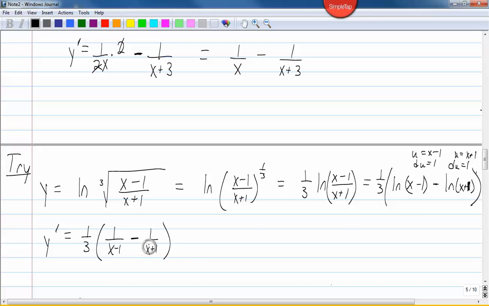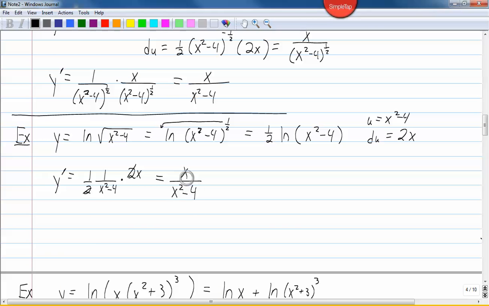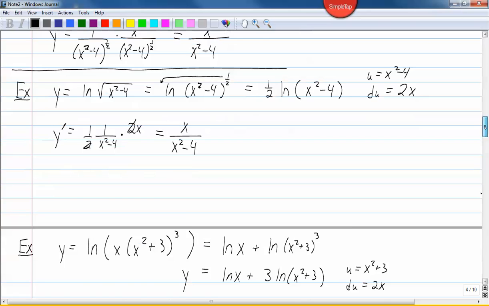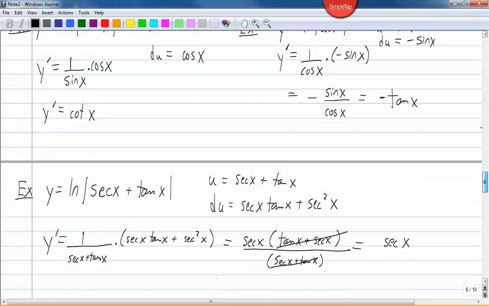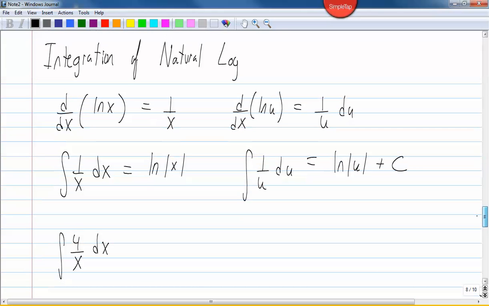Fractions. So when you see a rational expression or a fraction or a quotient, the first thing that you want to think about is, is this a natural log integral?